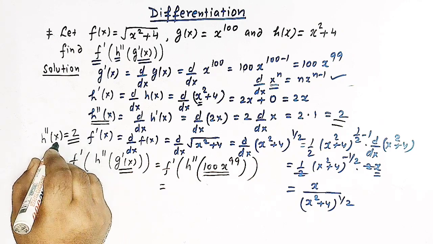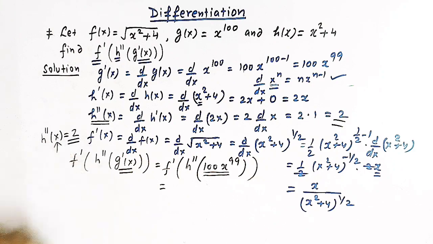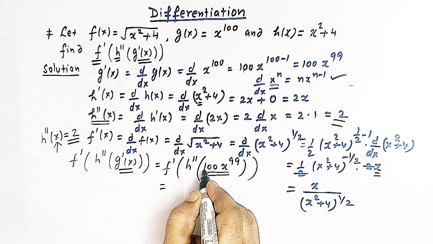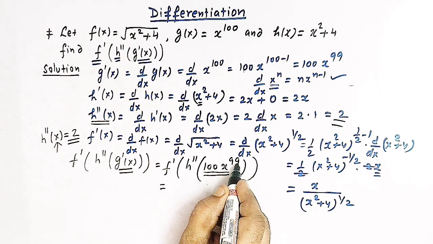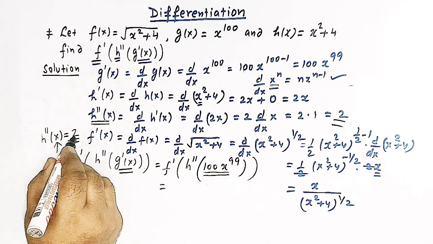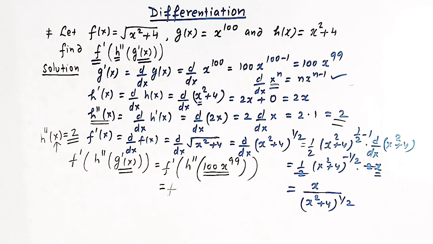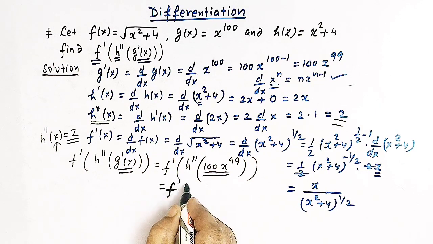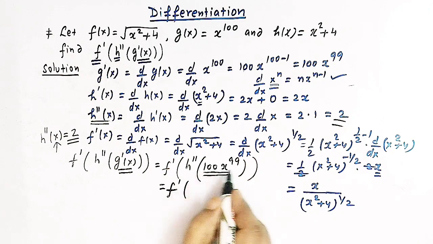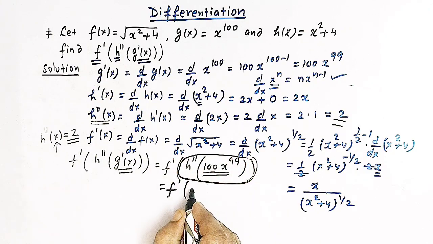Because whatever the value of x, h double prime of x is always going to be 2. So we can now write f prime of this expression, which is equal to 2, so we have f prime of 2.